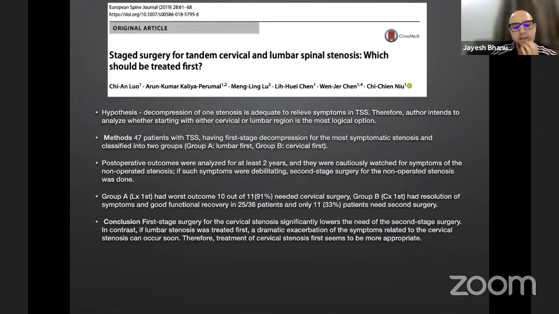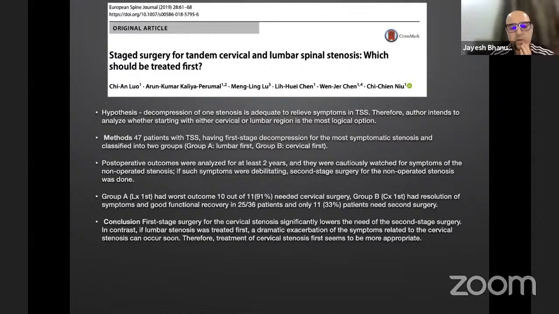So in existing tandem stenosis, out of the 11, 10 needed cervical surgery at a later stage. Group B, where cervical was done first, had resolution of even lumbar functions and good functional recovery. And only 11 out of the 36 patients in Group B, which only had cervical surgery, needed a second surgery.